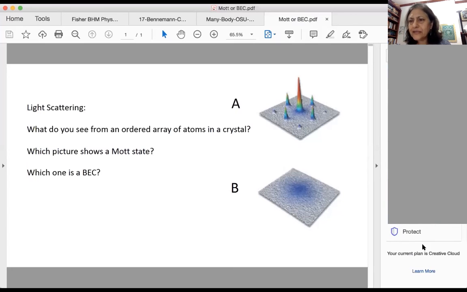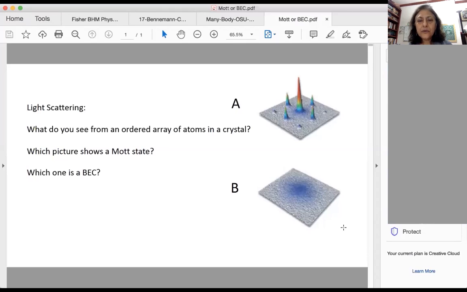Right. It's great intuition, but the answer, and that's why I'm so happy to hear this, is that A is superfluid and B is the Mott. Okay, that's the answer. So let's see why.